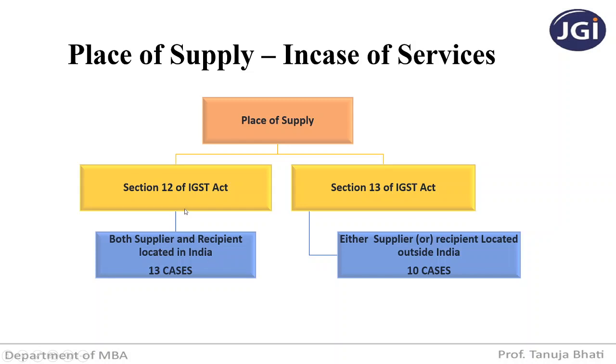So this section has to be applied first if there is a supply of service and both the service provider and service receiver are located in India. You have 13 such cases which will help you determine the place of supply in different scenarios.